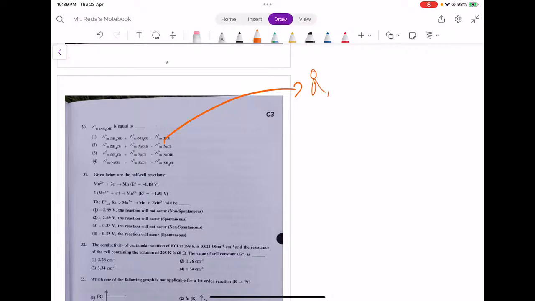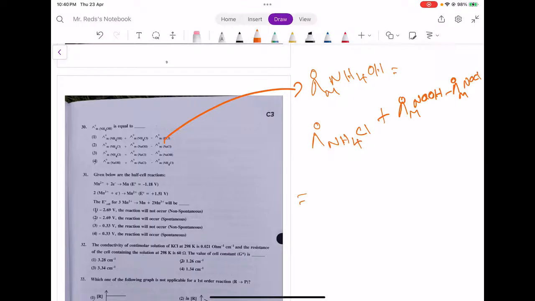Lambda naught m, the infinite molar conductivity of NH4OH, is equal to lambda naught m NH4Cl, ammonium chloride, plus lambda naught m NaOH minus lambda naught m NaCl.